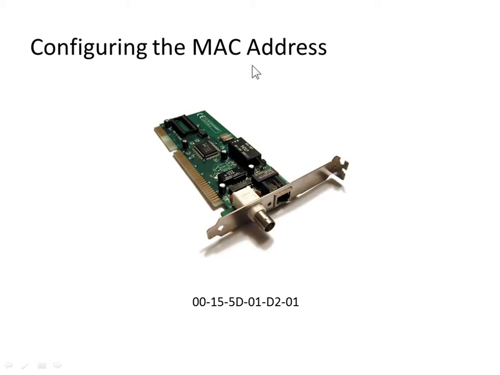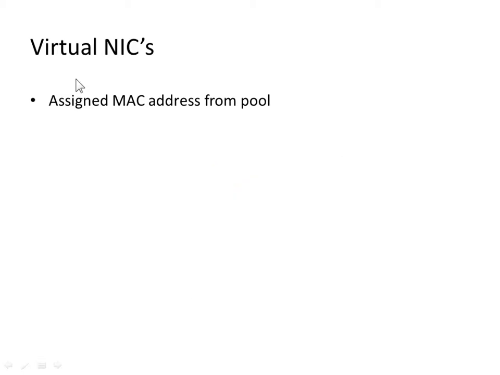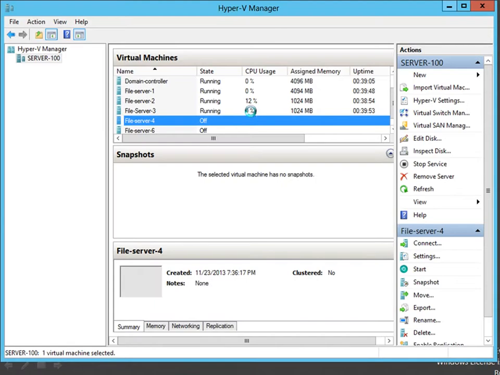Configuring the MAC address. A MAC address is a number which is burned into the network interface card. When you create a new virtual machine, you create a new virtual network interface card, and it is assigned a MAC address from a pool of MAC addresses in the Hyper-V host.